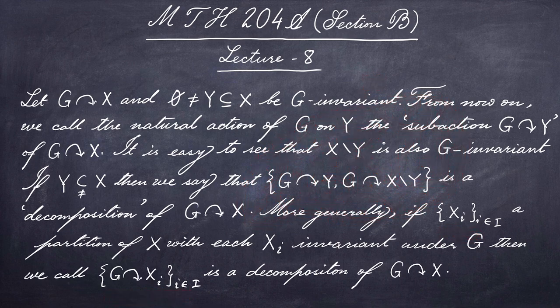So this is what we mean by a decomposition of the given action of X. Again, let me repeat that. By a decomposition of a given action, I mean a family of subactions such that the corresponding subsets form a partition of the given set X.